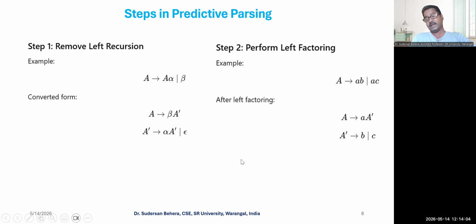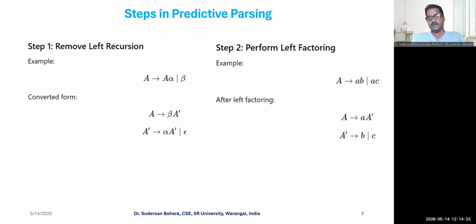So what is that? Capital A derives... This grammar can be rewritten by using a new variable, that is A dash. So A derives small a followed by capital A dash, whereas capital A dash can be written as B or C. Okay, so here capital A has only one production, that is small a followed by capital A dash.